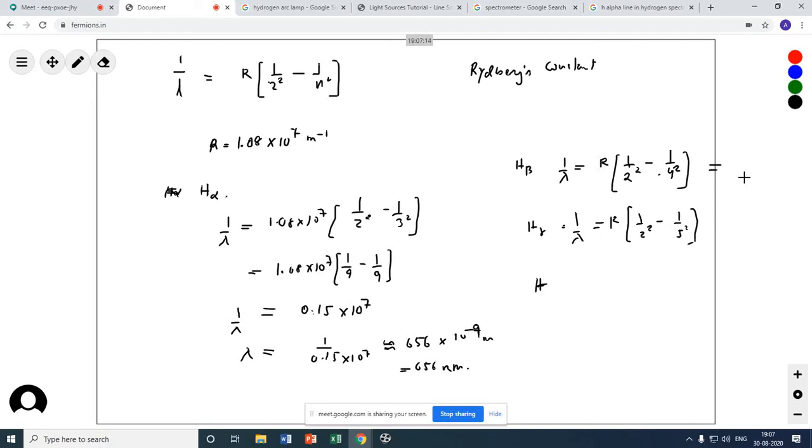After the discovery of the Balmer series, other spectral series of the hydrogen spectrum were discovered.